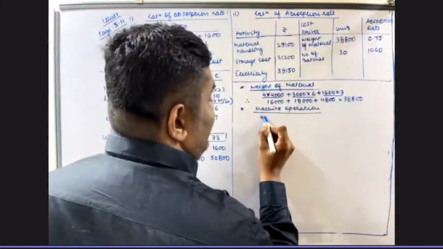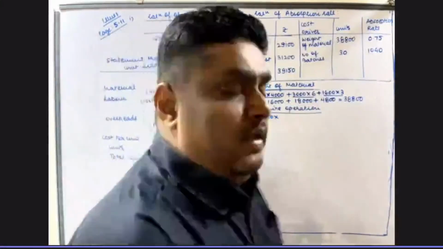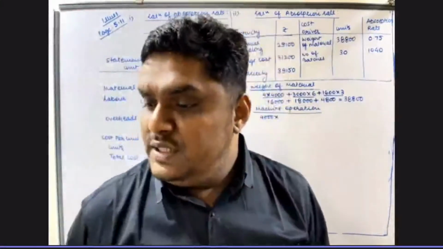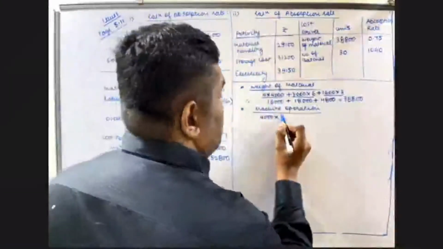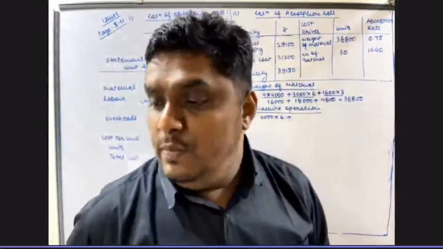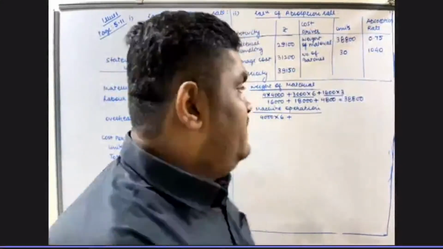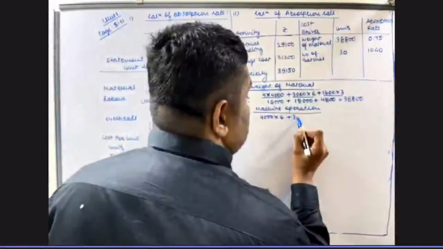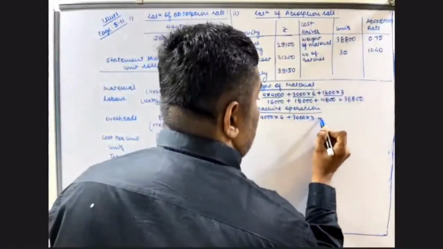So the units manufactured for A are 4,000, and the machine operations is how much? 6. Further, the machine operations for manufacturing product B is 3, so 3,000 into 3.